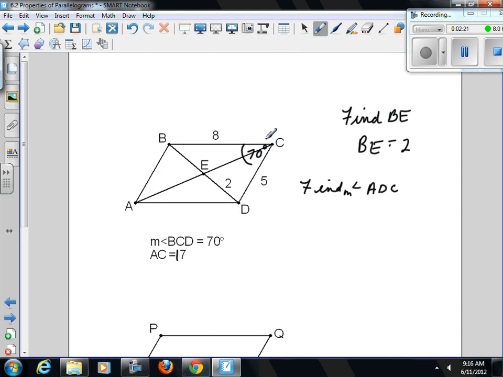So that means that the 70 degree angle and angle ADC will have to add up to 180. So 180 minus the 70 degrees will give us the measure of our missing angle. So the measure of angle ADC is 110 degrees.